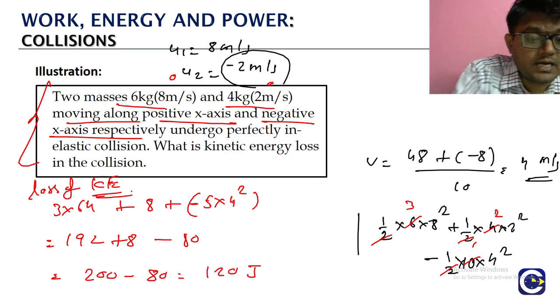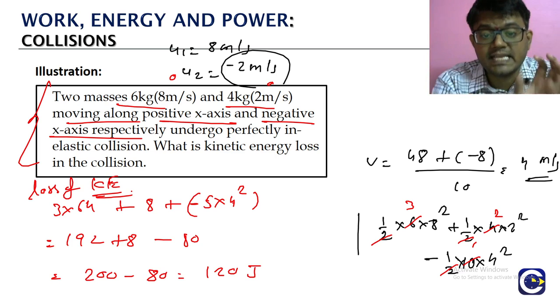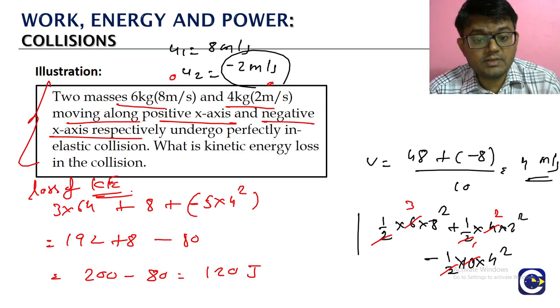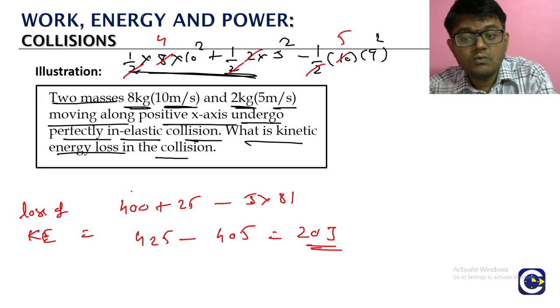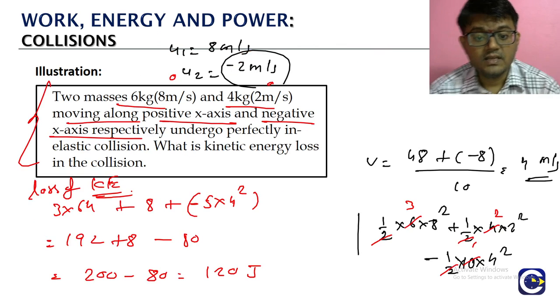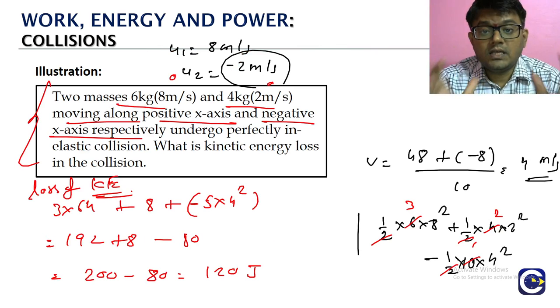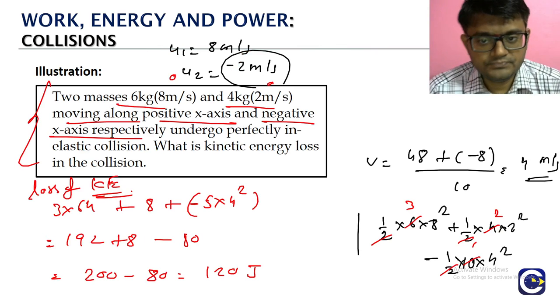You can observe one thing: in the previous case, both the bodies were moving in the same direction, and there the loss of kinetic energy was less, 20 joules. But here, when they are moving in opposite directions and collide, the loss of kinetic energy is a higher value.